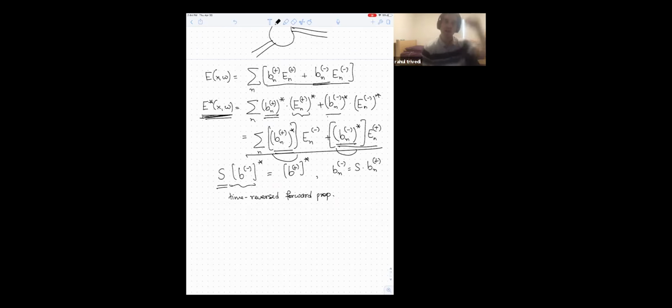Does this make sense? So remember, we started off with a solution in which I had a bunch of forward propagating modes giving me backward propagating modes related by the scattering matrix, right? From that, I did a time reversal operation and I constructed a different solution. In the time reversal operation, the backward propagating modes became the forward propagating modes. I took all the fields that are coming as output from my device and I sent them back into the device, right?